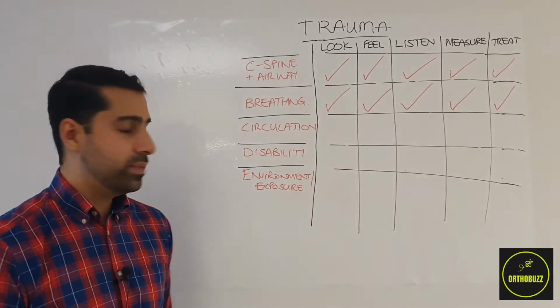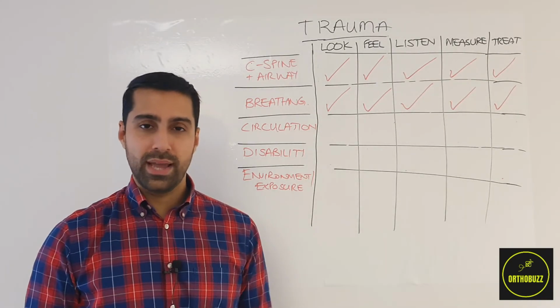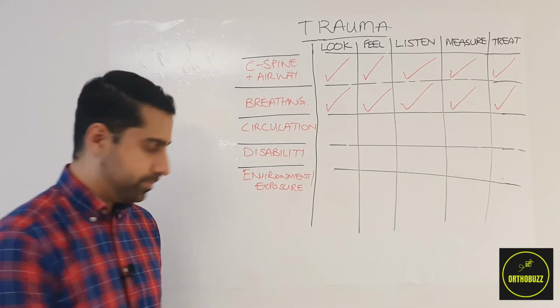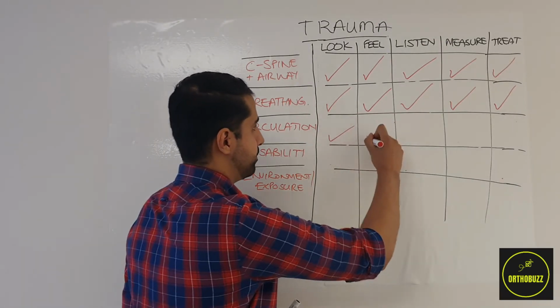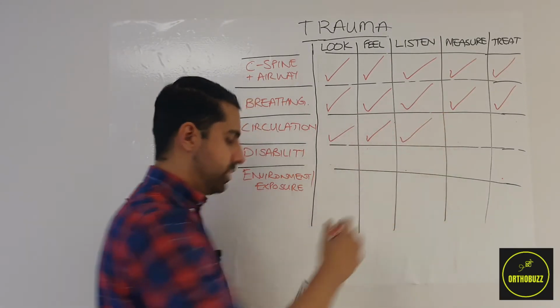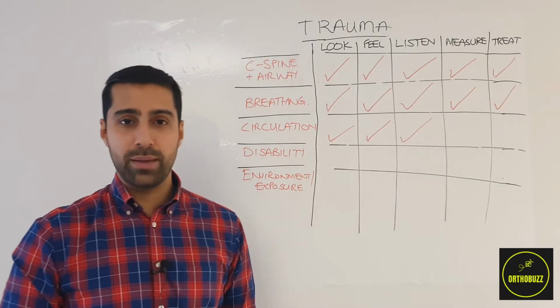After doing this, we then want to palpate the patient's chest and abdomen to feel for any pain, and also palpate their apex beat. We then want to listen to their heart sounds and listen for any abdominal sounds as well.